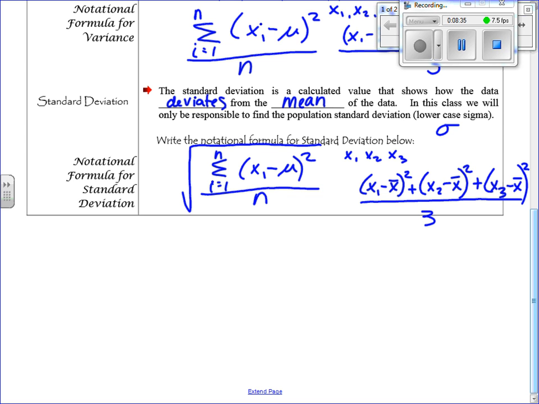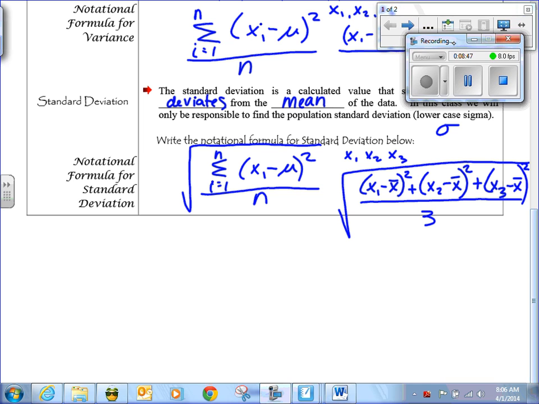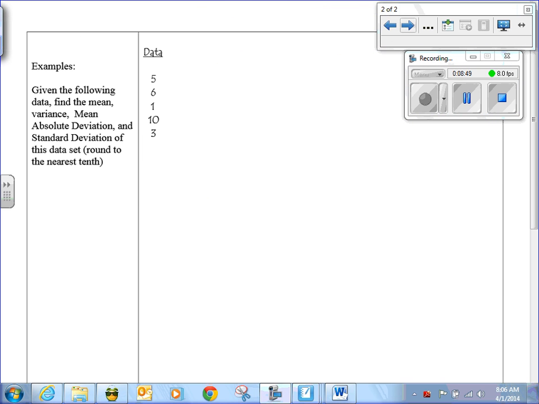And the only difference is that once we figure all this out under the radical symbol, then we take the square root. That's the only difference. So let's go ahead and try some of this on your own.